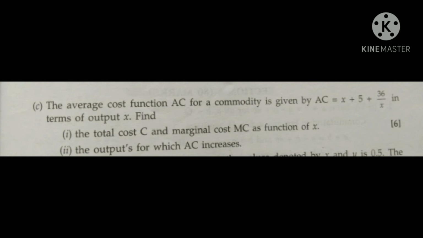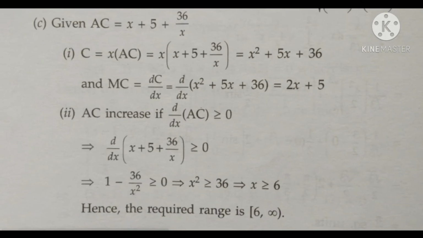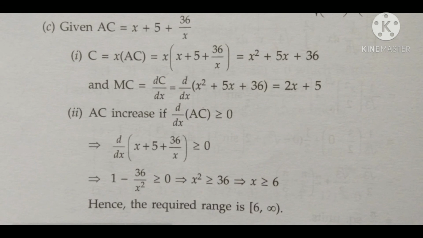And how do we calculate marginal cost? Marginal cost is equal to dC by dx. Okay, let's see the solution first. Average cost is equal to x plus 5 plus 36 by x. So total cost will be x into average cost, which gives you x squared plus 5x plus 36.